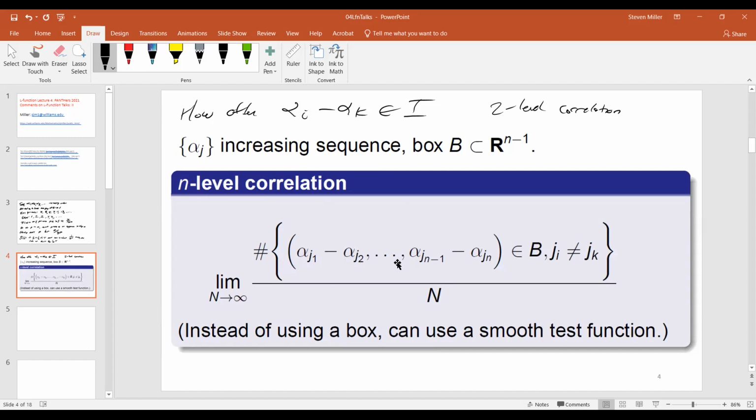If we're doing the 2-level correlation, we would have alpha j1 minus alpha j2. We would count the number of pairs j1 and j2, where j1 and j2 are distinct, that lie in some fixed interval, and then divide by n. So it would be super unlikely. I think Henry put in the chat probability 0. Yes, it would basically be 0. So we wouldn't expect this to happen at all.